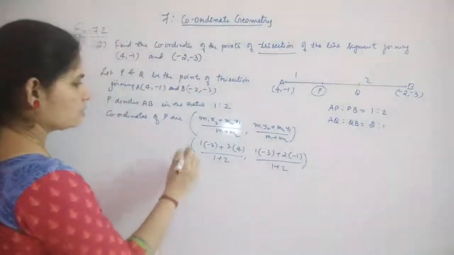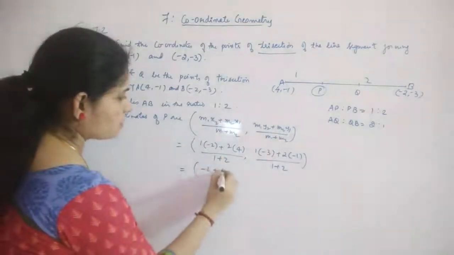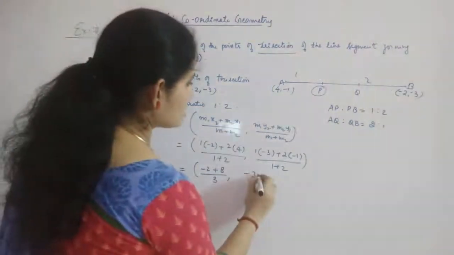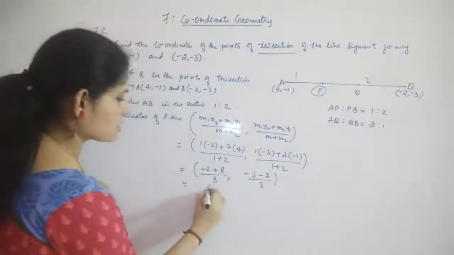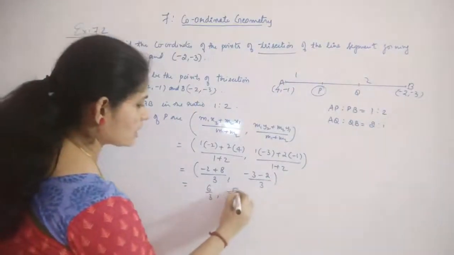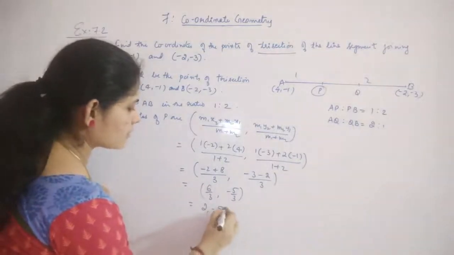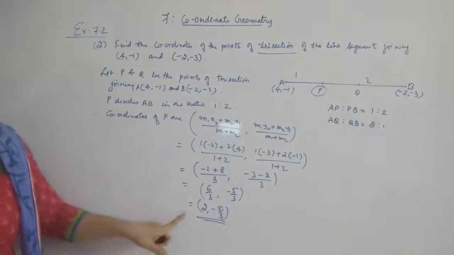This gives you -2 plus 8 divided by 3, comma -3 minus 2 divided by 3, which is 6 by 3 comma -5 by 3, or 2 comma -5 by 3. So this is the coordinate of P. You got the coordinate of P.